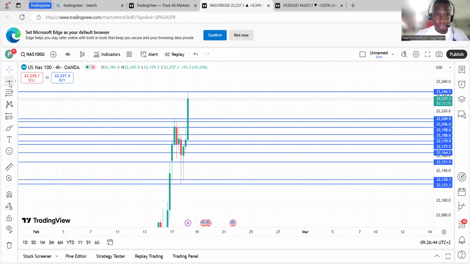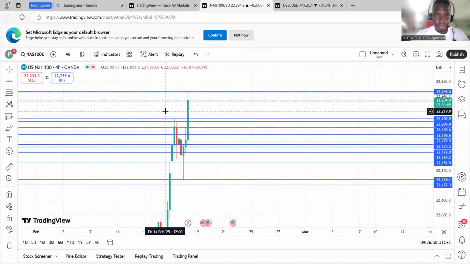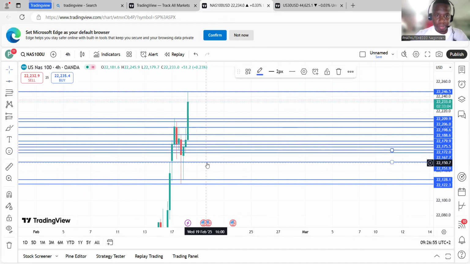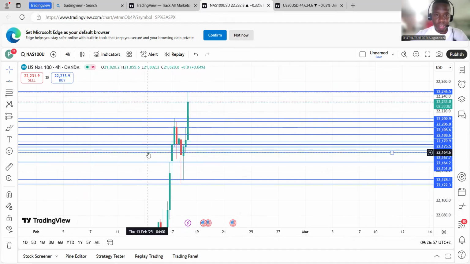Not moving to 1 hour, just marking these ones only. And then I'm still going to try to backtest, because I use 30 minutes as my entry.